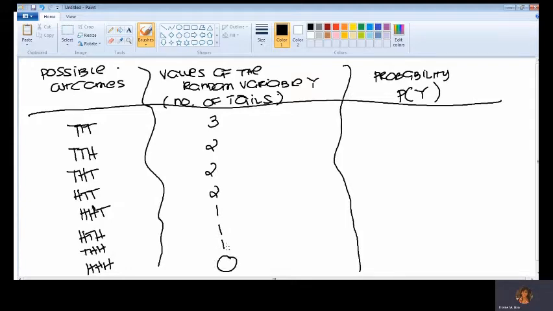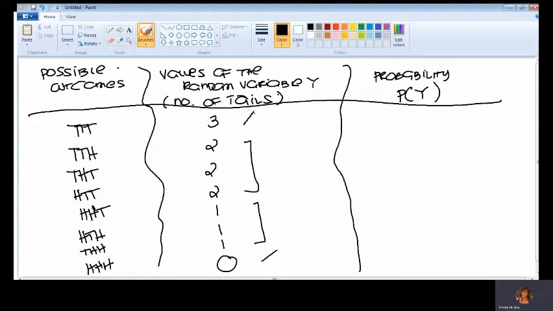So there are 4 possible values of the random variable y representing the number of tails. These are 0, 1, 2, and 3.